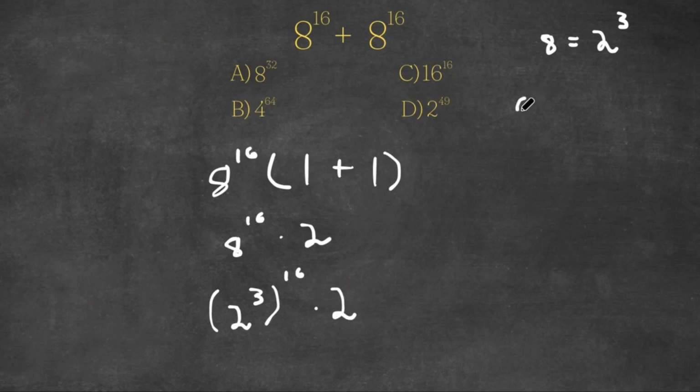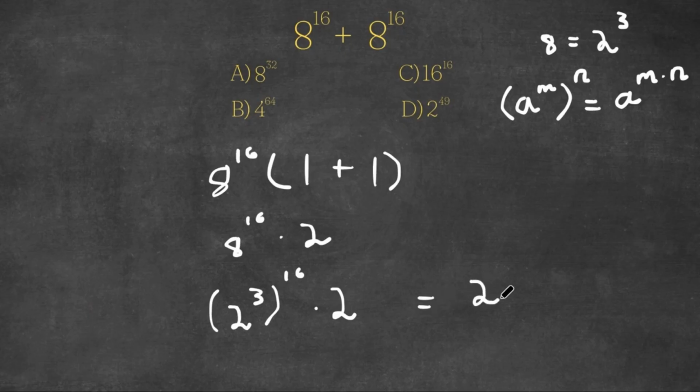Now, if we have something in the form a to the power of m to the power of n, this is equal to a to the power of m times n. So in this case, 2 to the power 3 to the power 16, this is going to equal 2 to the power of 3 times 16, and we are still multiplying this by 2. Now 3 times 16 is 48, so now we have 2 to the power of 48 times 2.